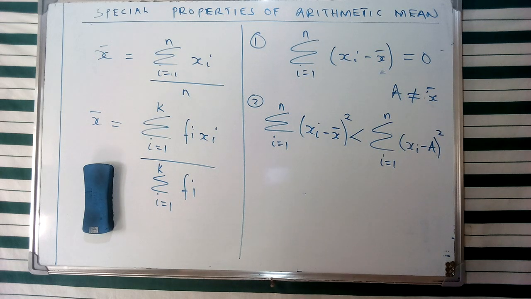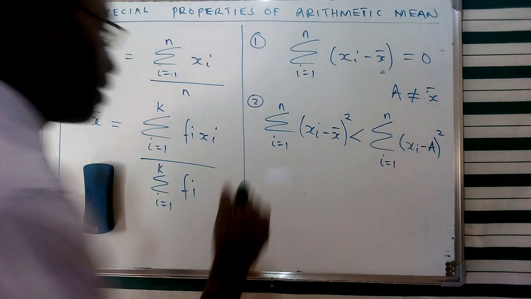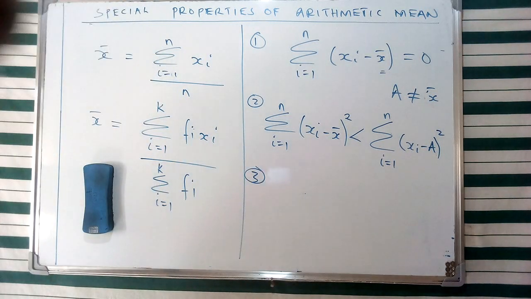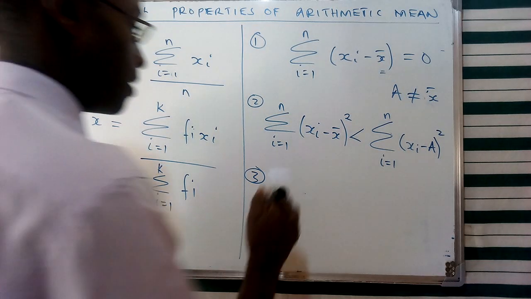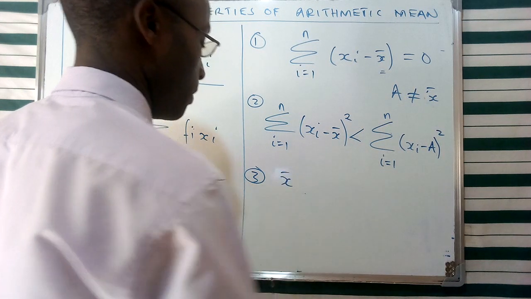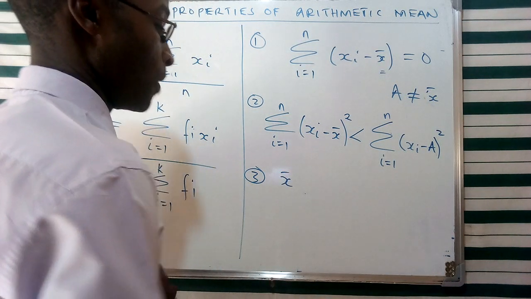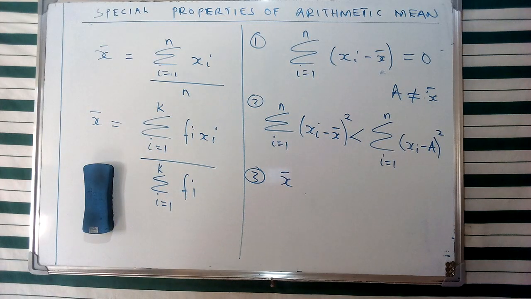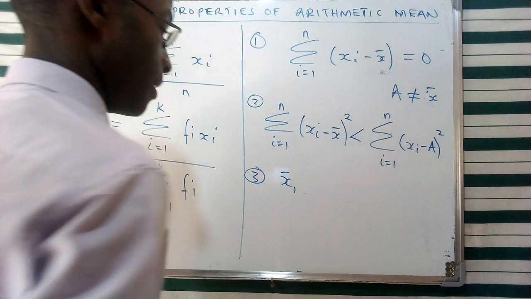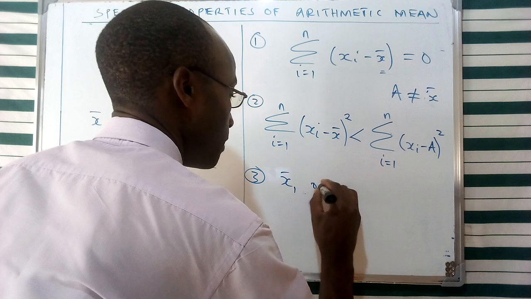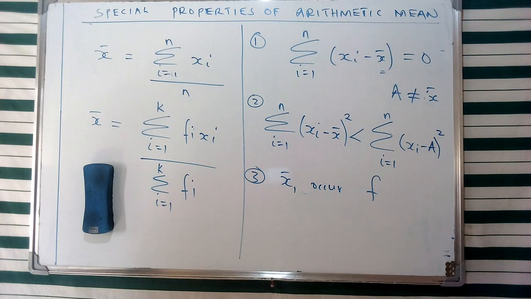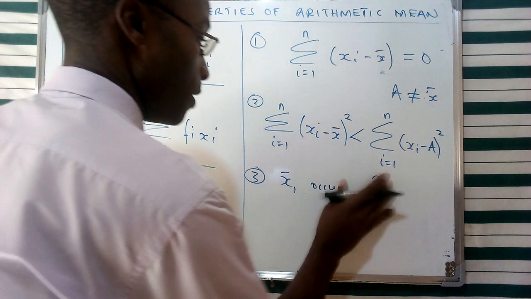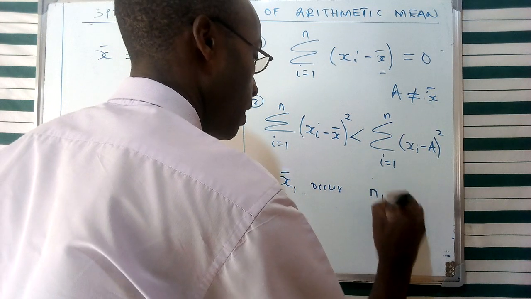Now, we can also consider a specific set of frequencies which represent the various means. Suppose we have a specific distribution of data which gives us a mean of x bar 1, and this mean occurs in a number of observations given as n1.